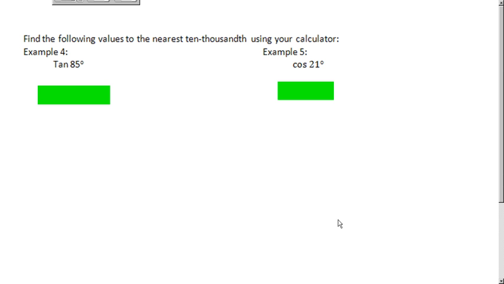Now I want you to get in the habit of locating your tangent, cosine, and sine buttons on your calculator. Notice that in the instructions we want to round to the nearest 10,000th using your calculator. So what you need to do is find the tangent button on your calculator.